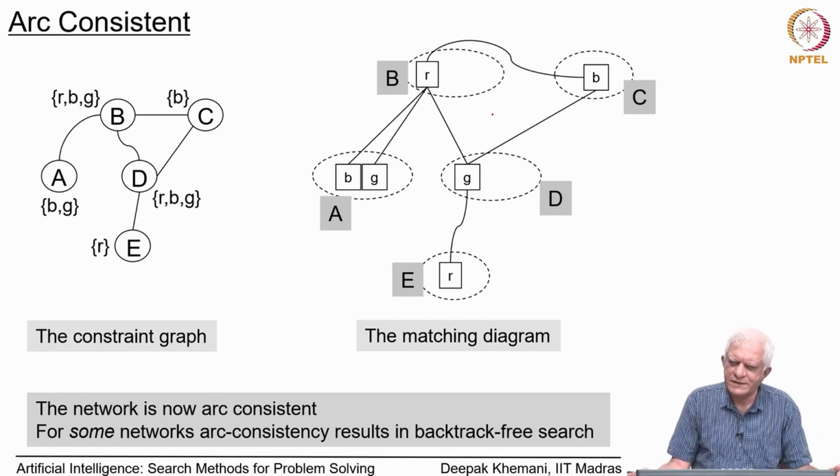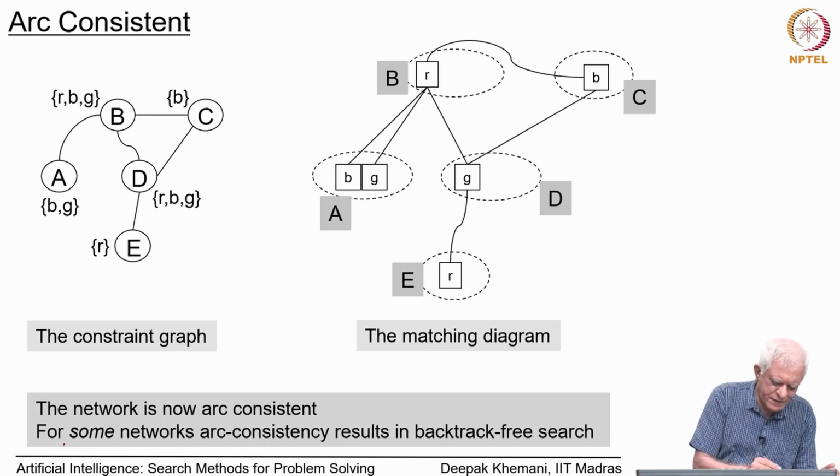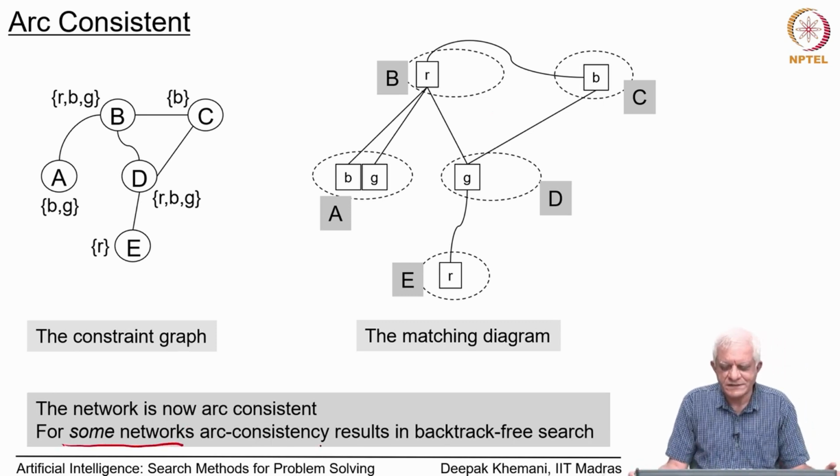For some problems, for some networks, arc consistency results in backtrack free search essentially. We will not get into the formal discussion on how much consistency is enough to make the search backtrack free, but just remember that consistency reduces backtracking, and if you do enough consistency, then you may eliminate backtracking altogether.